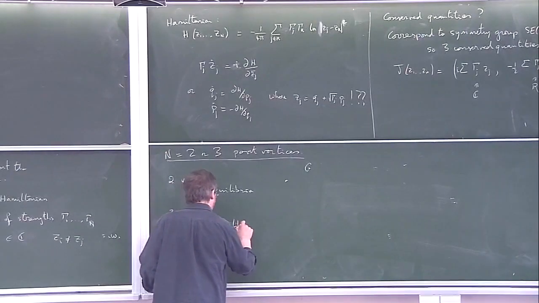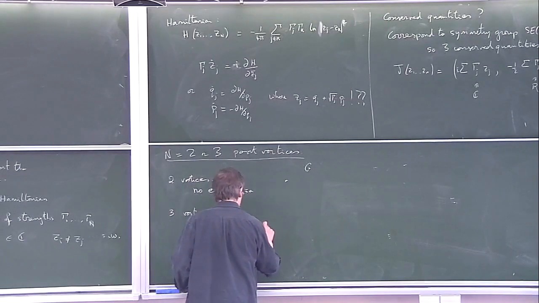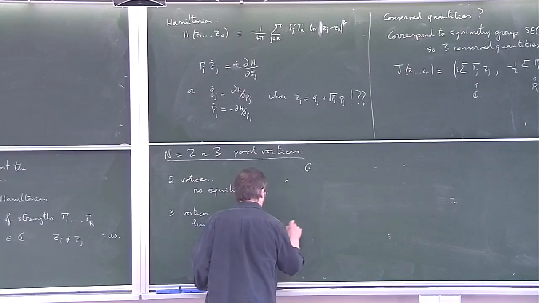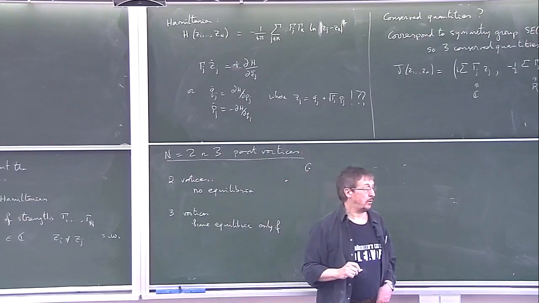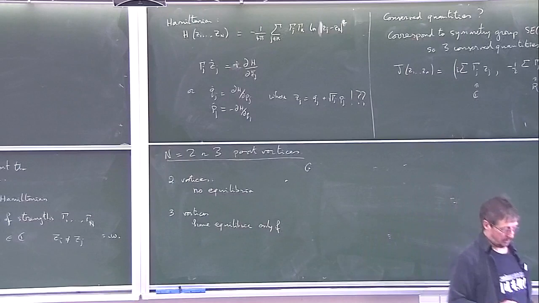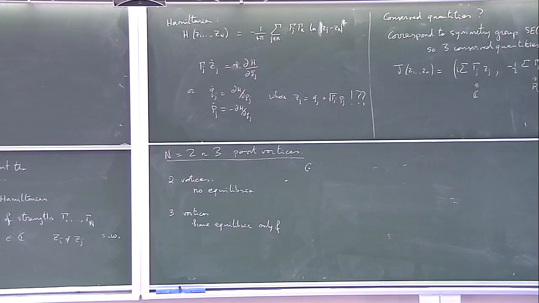And for 3 vortices, we have equilibria only if, where's it gone? It's not there.